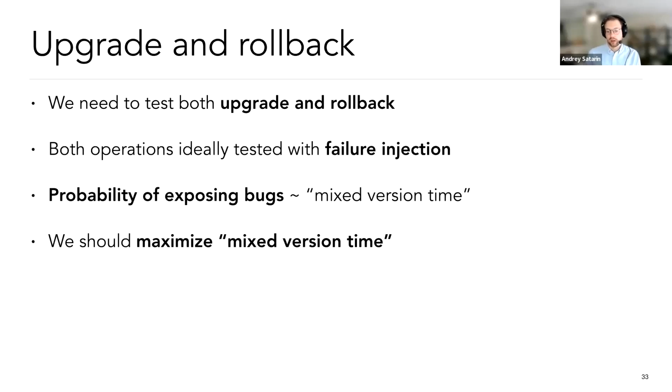The more we can keep the system in the mixed version situation, where we have version 1 and version 2, I'm talking specifically about the rolling upgrade scenario, obviously, because full stop upgrade is less interesting, so we need to maximize that mixed version time.